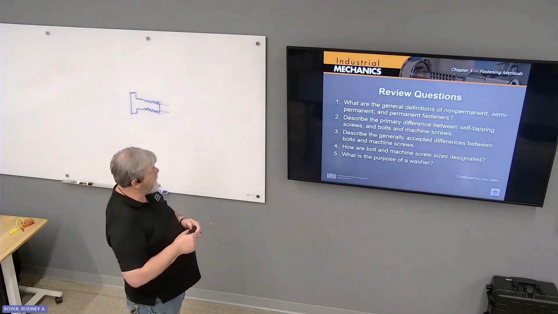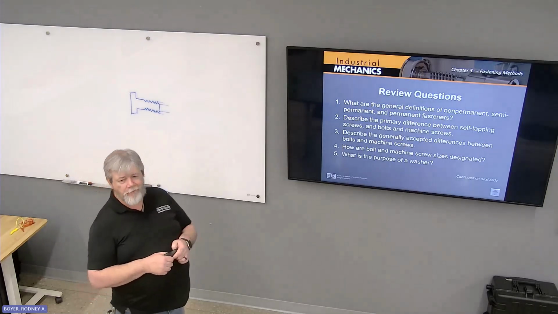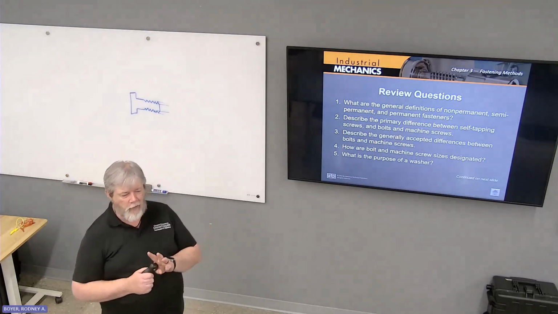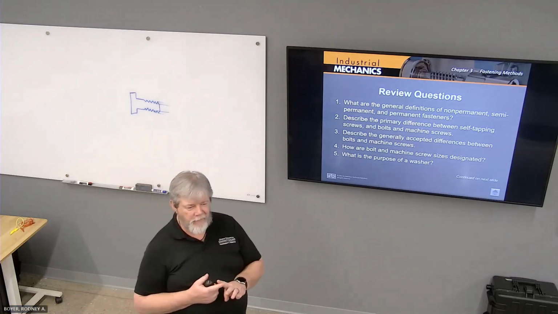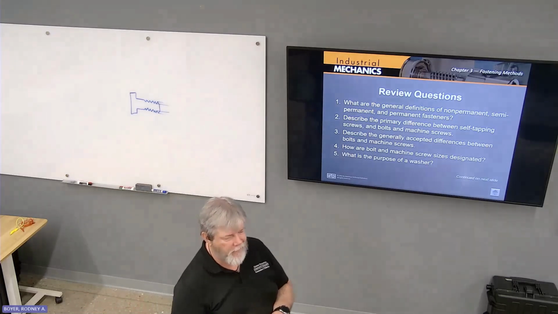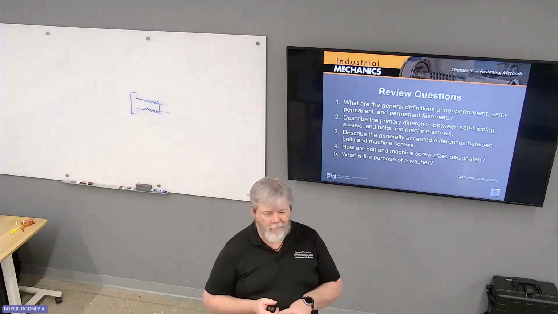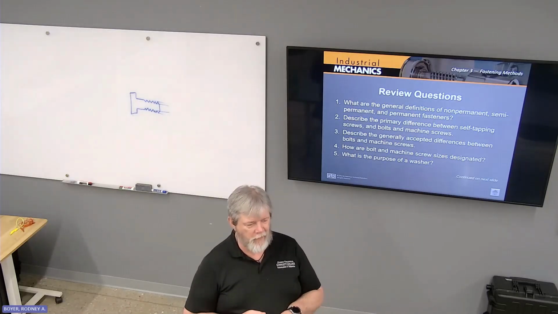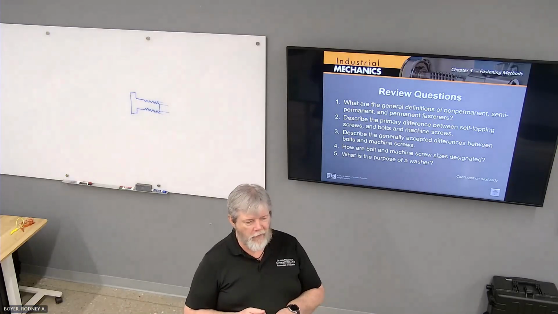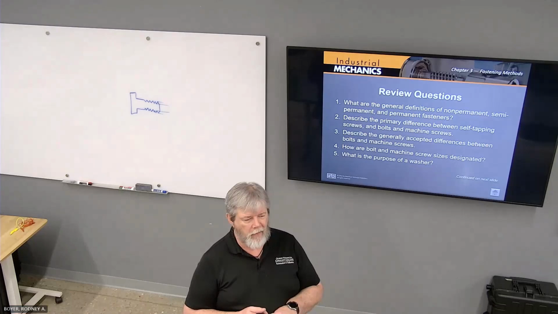How are bolt and machine screw sizes designated? What are the three criteria? Thread diameter. Fastener length, not just threads.